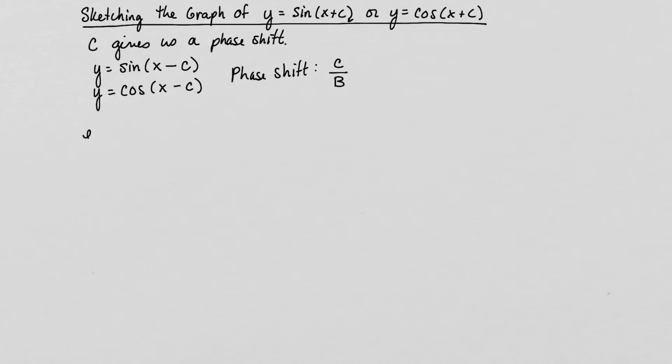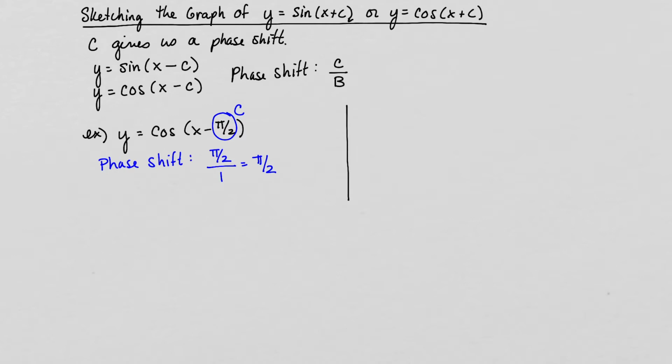So for example, here, if I have y equals the cosine of x minus pi over 2, then this pi over 2, that is my c. So our phase shift is going to be pi over 2 over b, and in this case, b is just 1. So it just ends up being pi over 2.